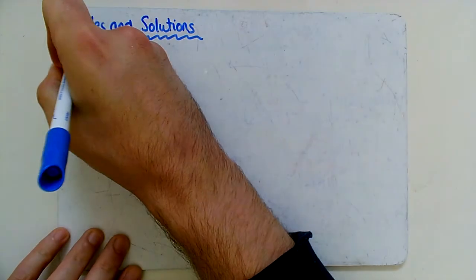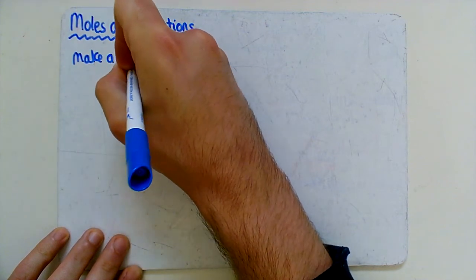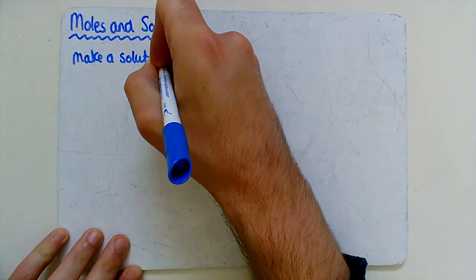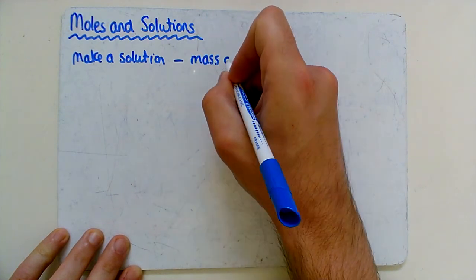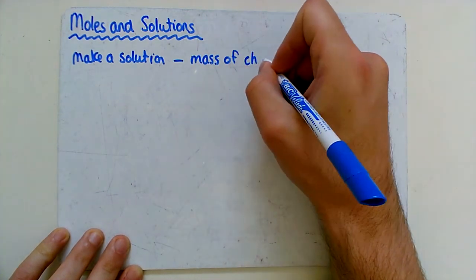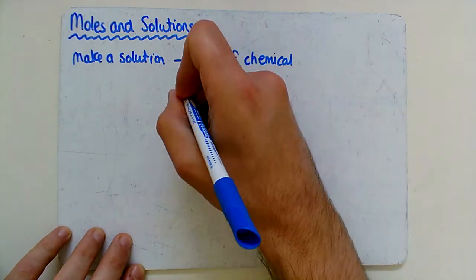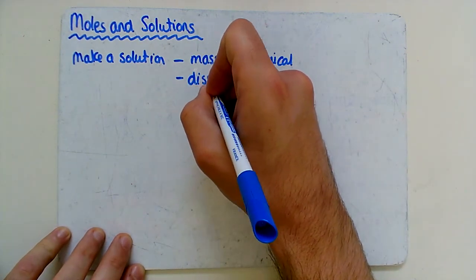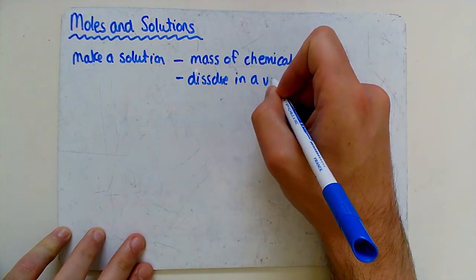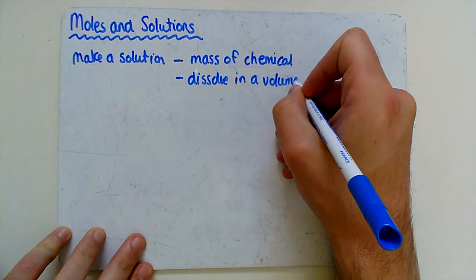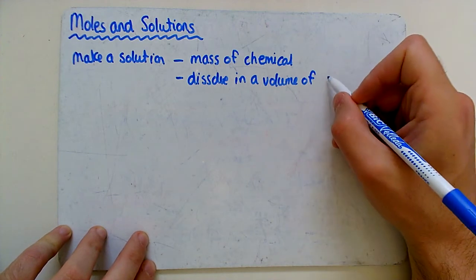So whenever we make a solution, we measure a mass of chemical and we dissolve it in a volume of solvent.